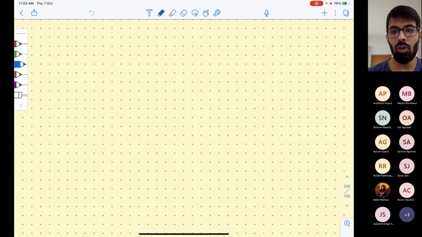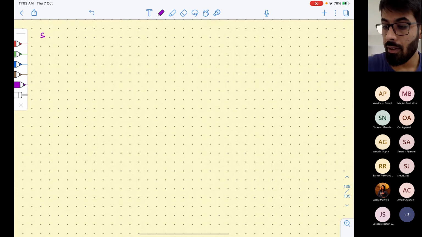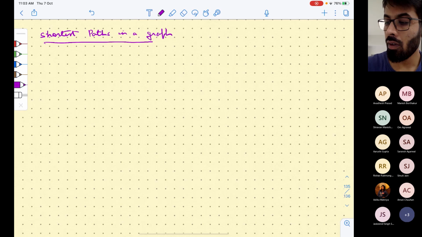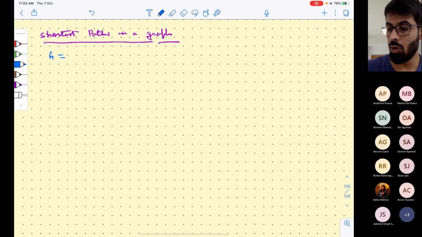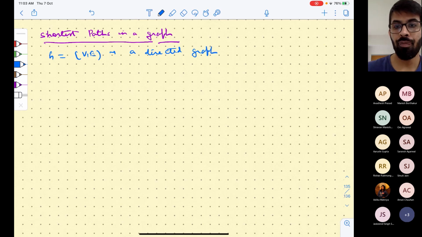Good. So today, as I said in the last lecture, we are going to look at the shortest path problem in a graph. We have looked at it before also. So let's take G to be a graph, a directed graph to be precise.